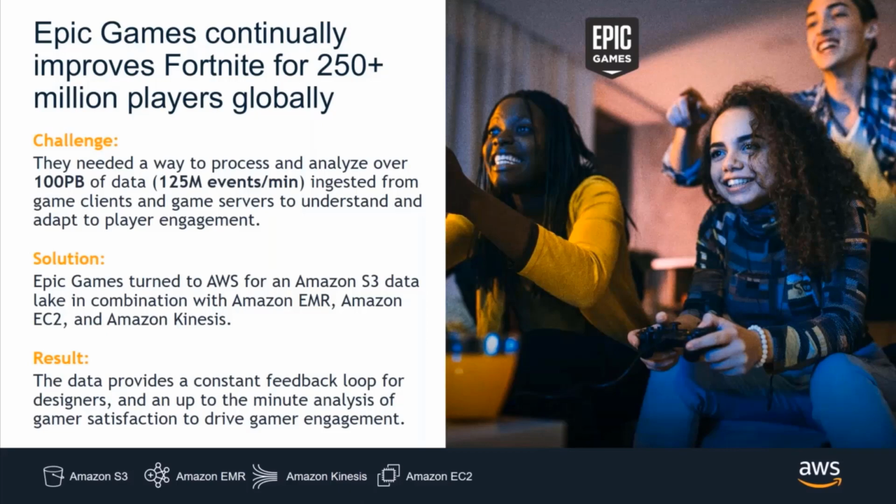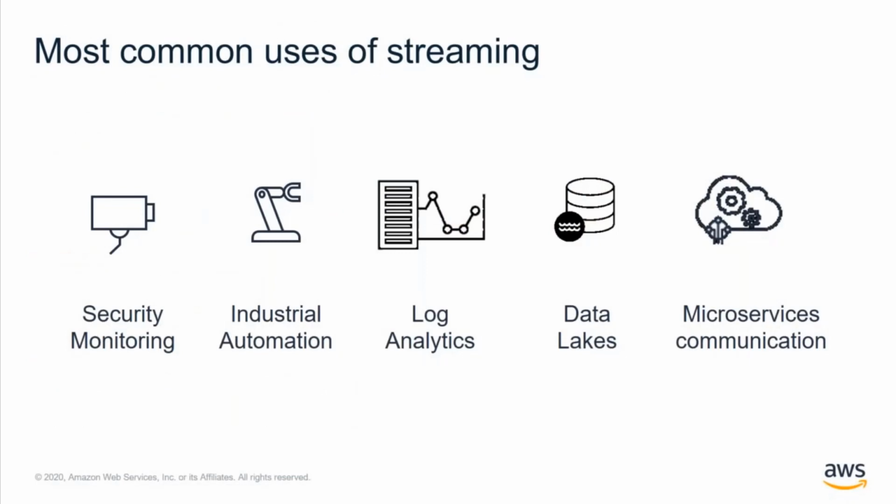Again, here's an example of a customer that has turned to data streaming to accelerate the pace at which they're making decisions. This phenomenon exists across industries. It could be security monitoring, where you are capturing videos and deriving insights out of that, or industrial automation, where a significant amount of data gets produced on a shop floor, and you want to analyze the data in real time to make decisions on the shop floor.